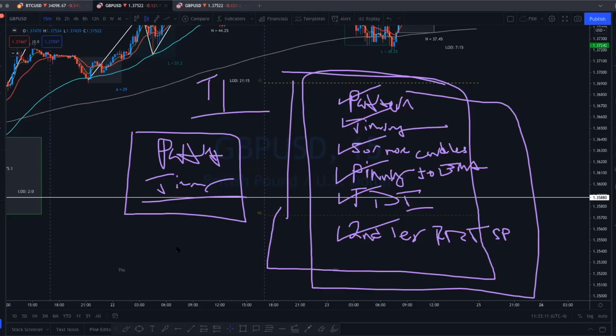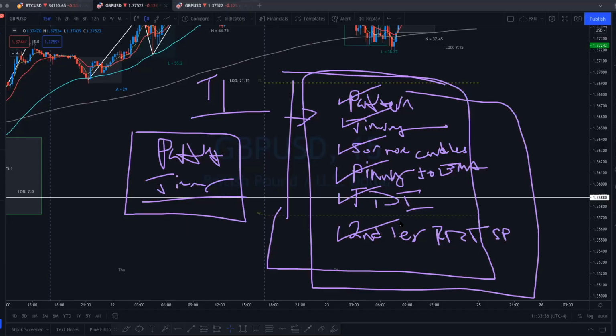So now imagine that every time you take a type 1 trade setup, you're following this list here, and if all these check, you take the trade. If they don't check, you don't take the trade.